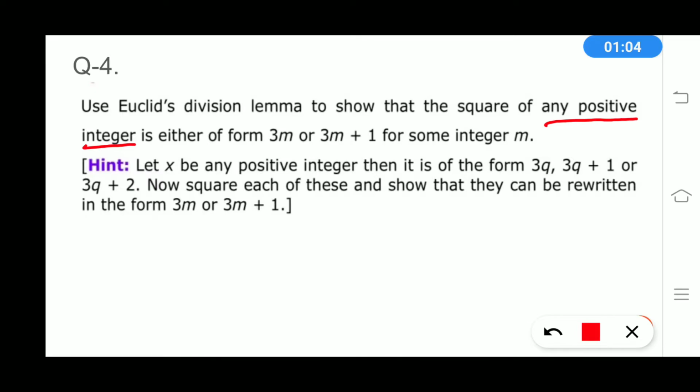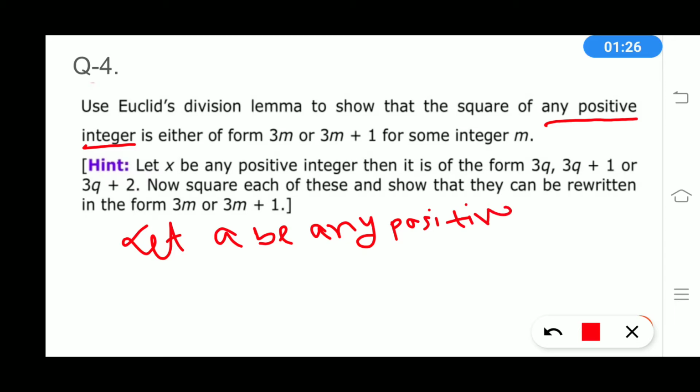Okay, so at first we let a be any positive integer. So a can be written as a equal to bq plus r.